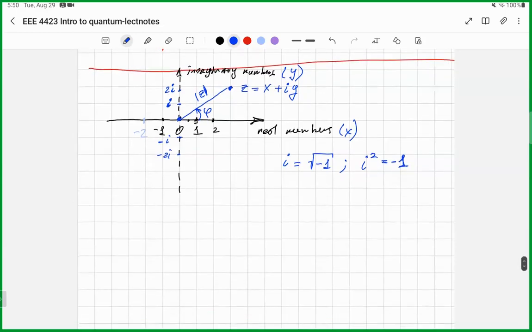So how can we define this phi? For example, we can take the cosine of phi. So the cosine of angle phi, what is it?